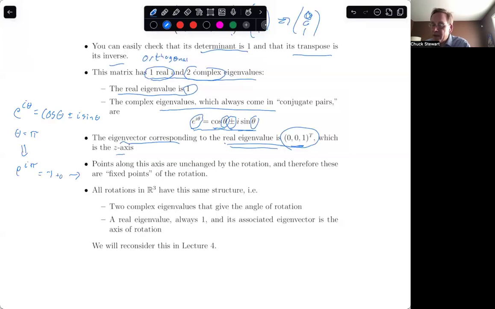And so if you combine those, you get e to the i pi plus 1 equals 0.